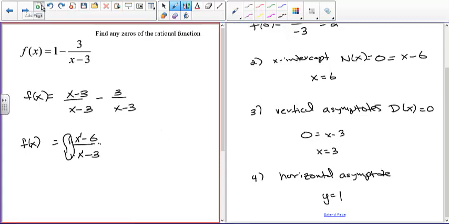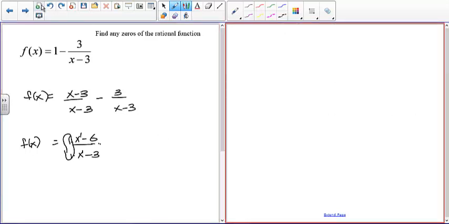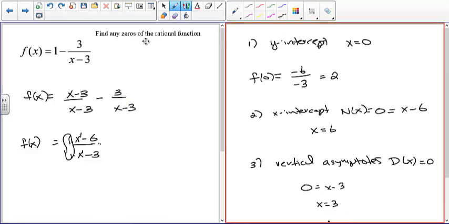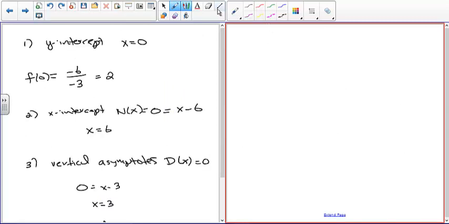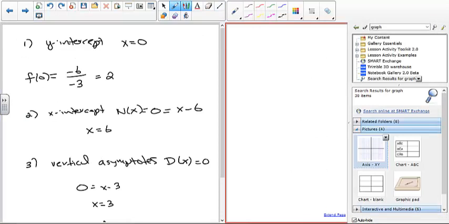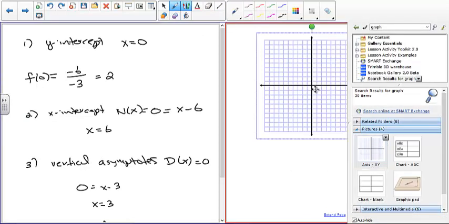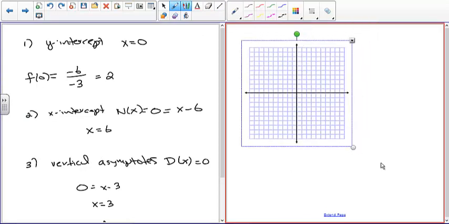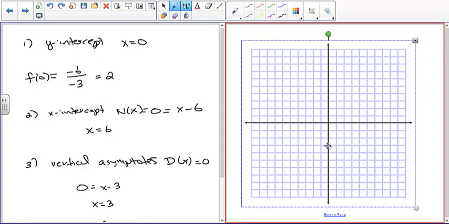Okay, so given that information, we can get a piece of graph paper, and we'll plot everything that we have so far. The y-intercept is 2. The x-intercept is 6.